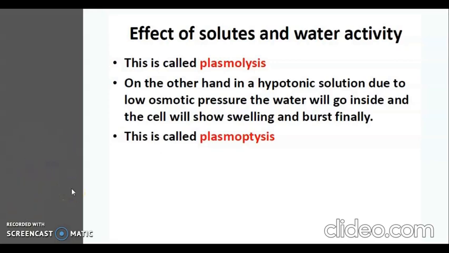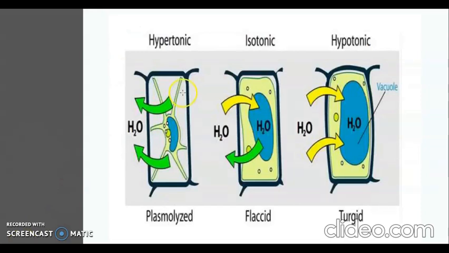On the other hand, when the microorganisms are placed in a hypotonic environment, water will enter the cells and it causes them to burst. This is called plasmoptosis. This image shows the effect on cells when they are placed in different conditions. You can see that in the hypertonic condition, plasmolysis takes place, and in the hypotonic condition, plasmoptosis takes place.